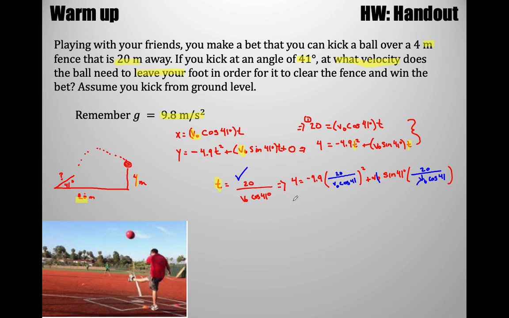So I end up in the second line here with 4 is equal to negative 4.9 times 20 squared over v sub 0 squared cosine of 41 squared, plus 20 tangent of 41, right?